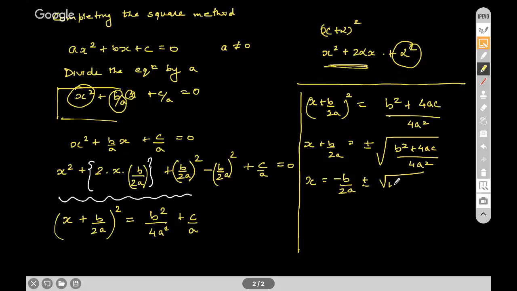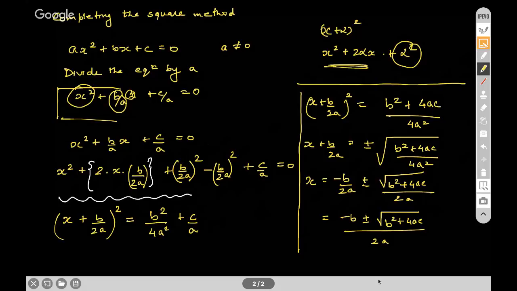this is nothing but under root b square plus 4ac upon twice of a, right? Because under root 4a square will come out as twice of a. So hence, it is nothing but minus b plus minus under root b square plus 4ac upon twice of a.